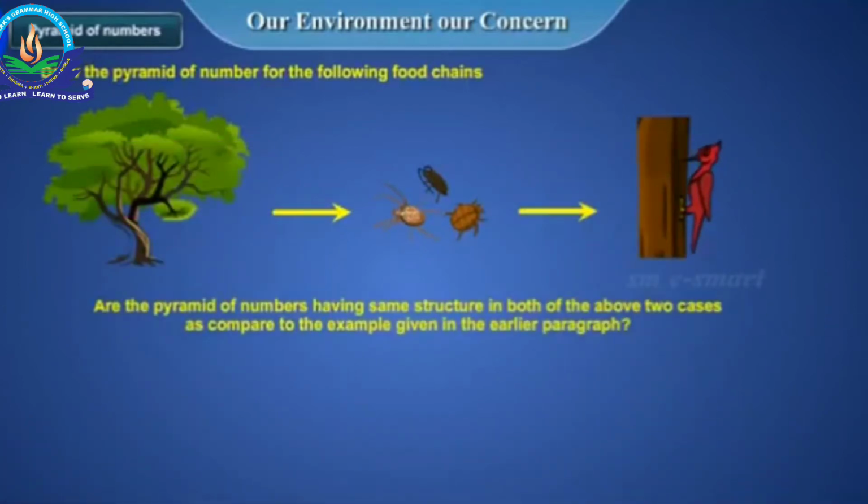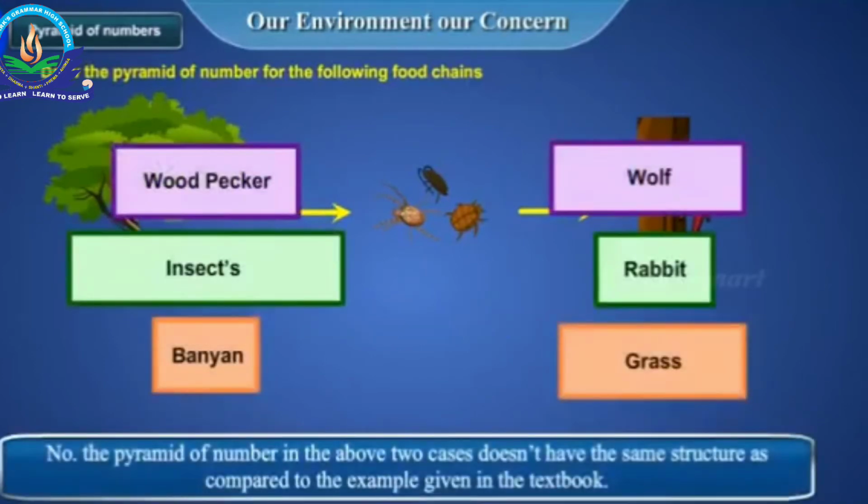Are the pyramids of numbers having the same structure in both of the above two cases as compared to the example given in the earlier photograph? No. The pyramid of number in the above two cases does not have the same structure as compared to the example given in the text below.